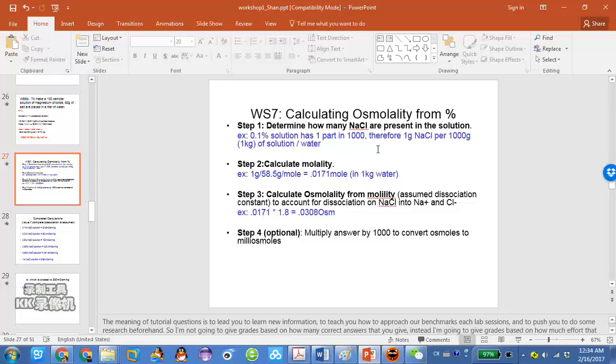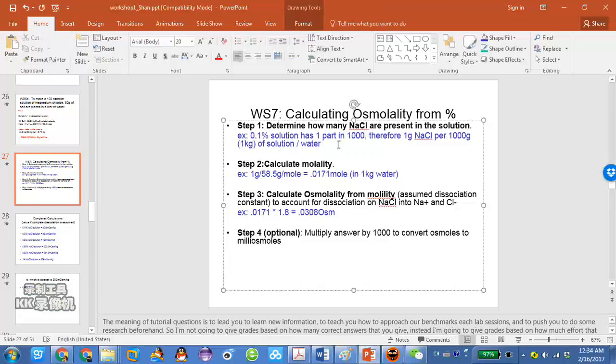That's why we want to convert the denominator into every kilogram of water instead of every kilogram of solution.